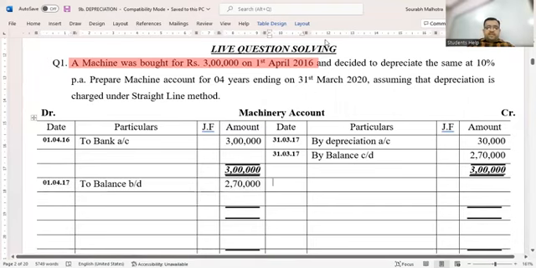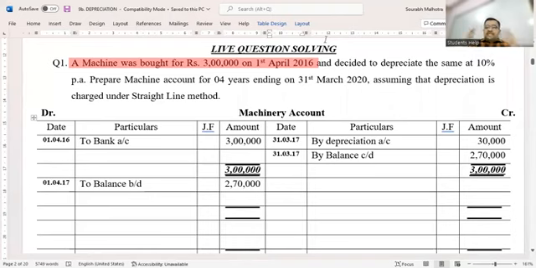So this was the first year, children. Again, in the second year, we'll depreciate the asset. Same journal entry for charging depreciation. What's the journal entry for charging depreciation? Depreciation account debit to machine. Had we been preparing depreciation's ledger, what could we have written? To machinery, but certainly we are not doing that. In the machinery account, what will we write? By depreciation.